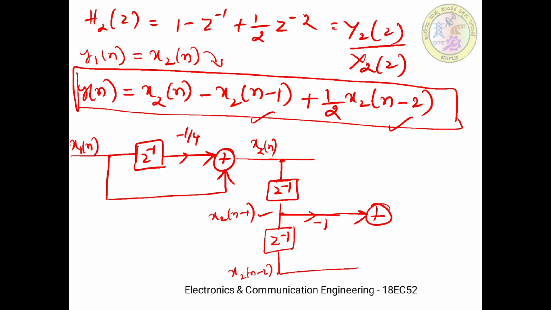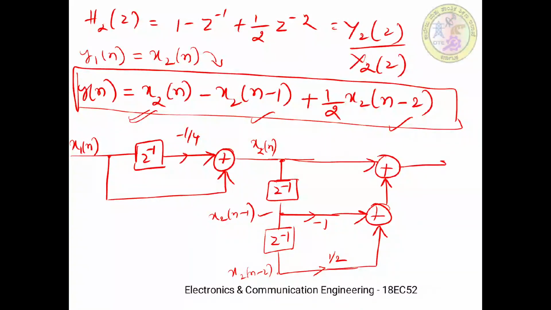Similarly, x2 of n minus 2 has the multiplication factor 1 by 2, and this goes to the adder. Now this signal is added with x2, the first term, and this generates the final output y of n.